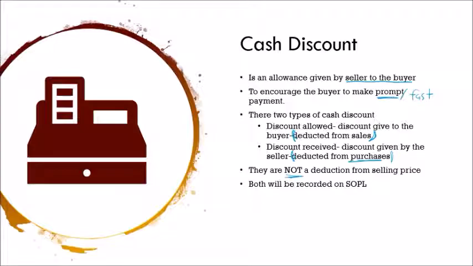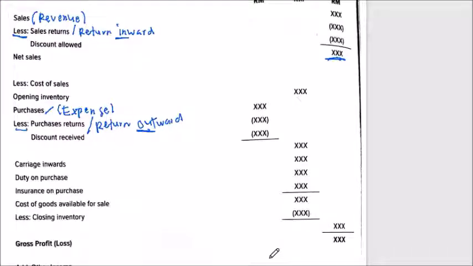So let us look at the statement. See, you can see this discount allowed. So allowed, as I stated before, is us as the business giving to the customer. So we record here since it reduced our sales income. So this is discount received because we receive the deduction from the seller, which is our supplier.